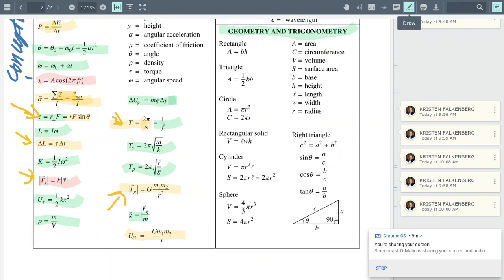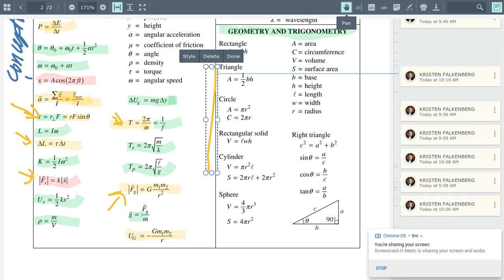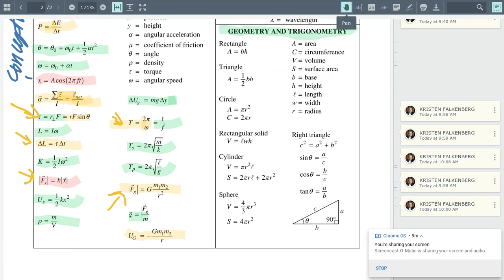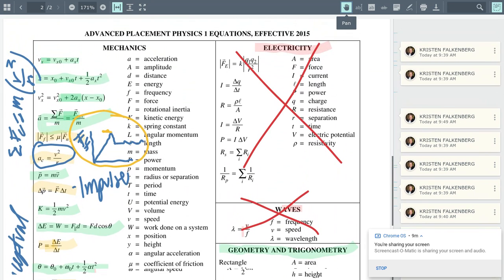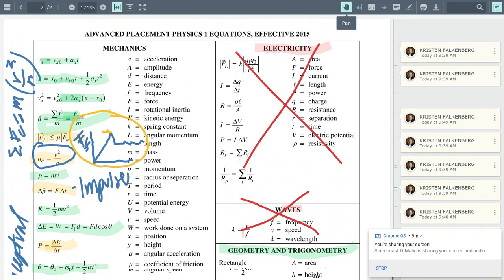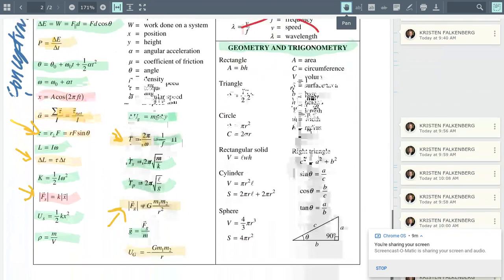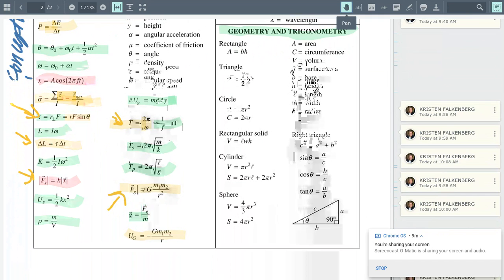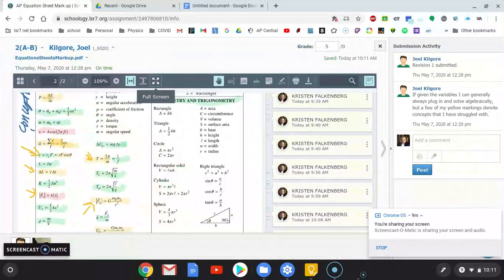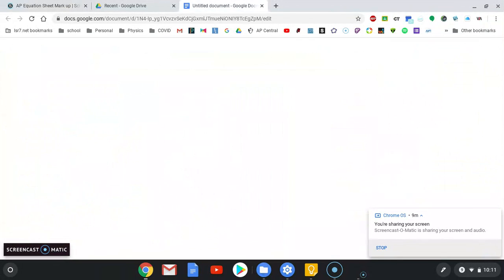So let's see if I can go to this use of G. And again, use of G should be related to potential energy, gravitational. And real quick, electricity and waves are out. So while I go away, this is going to be my last comment, where that equation comes from. We did not touch on it in class, but it's there for you, and hopefully we can go through this process of where it came from.